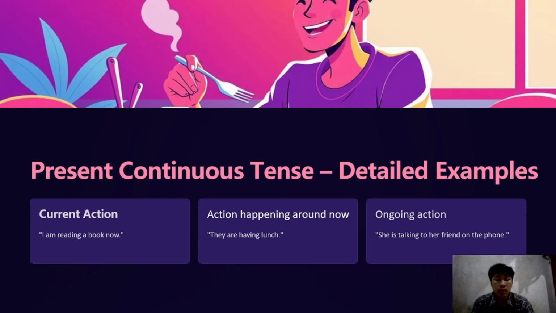So it's an action occurring right now, perhaps within the same time frame. She is talking to her friend on the phone is another example of an ongoing action.